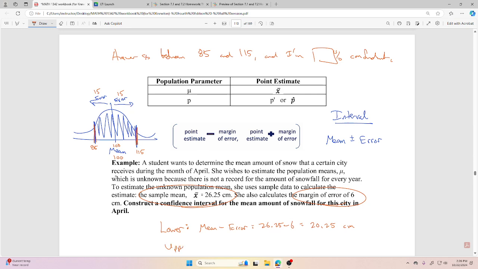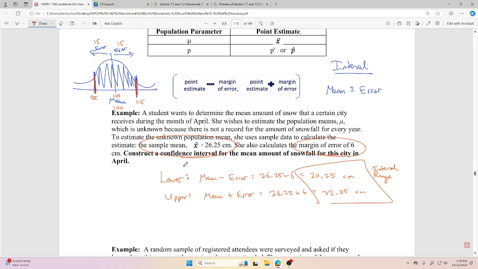My upper is the mean plus the error, 26.25 plus the 6, 32.25, yep, centimeters. So there is my range, my interval, whatever you want to call it.